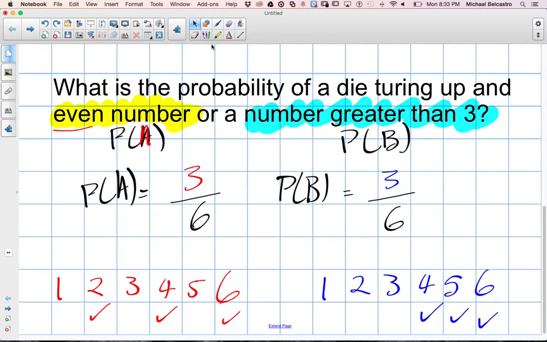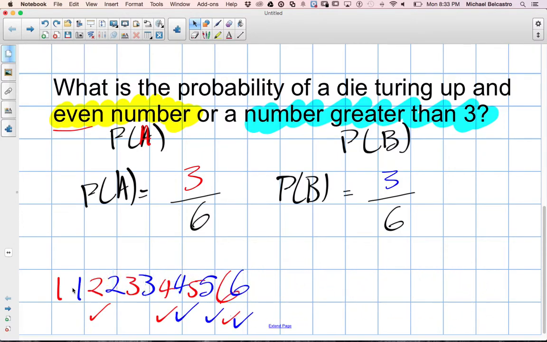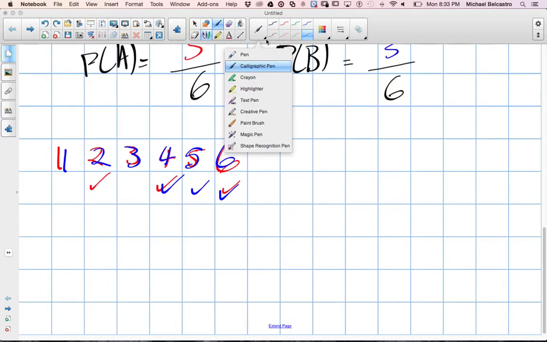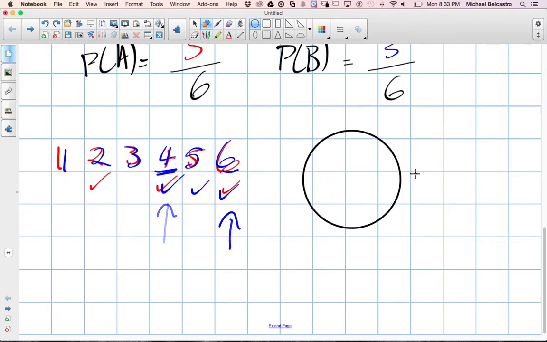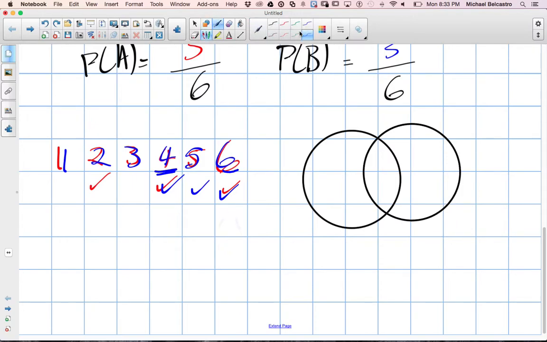The problem is, you can tell here there's a bit of overlapping. You'll see that we have overlapping with 4 and 6. So if we were to draw a Venn diagram, these are the values, and we can probably quickly do that. The options for probability of A were even numbers, so we're looking at 2, 4, and 6.